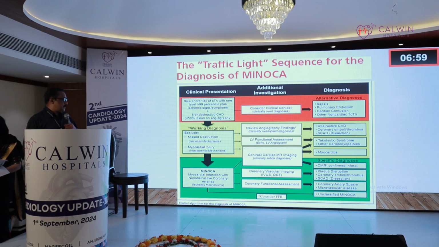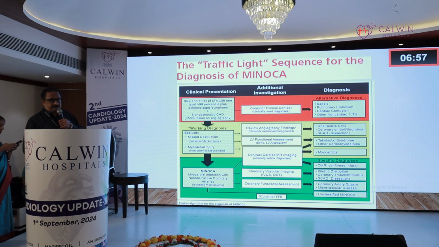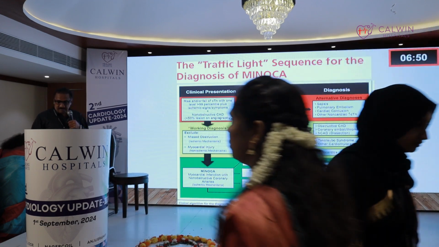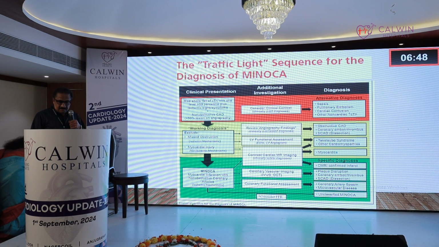The functional assessment can be done once the initial acute phase is over and the patient is stabilized. You can go for a functional assessment to look at the microvascular pathology. And even FFR has been advised in these situations to diagnose microvascular function.